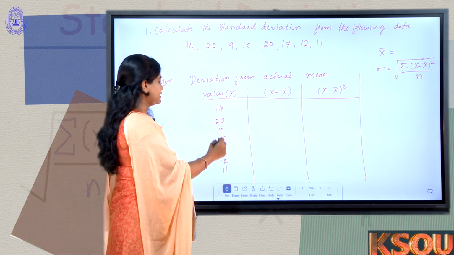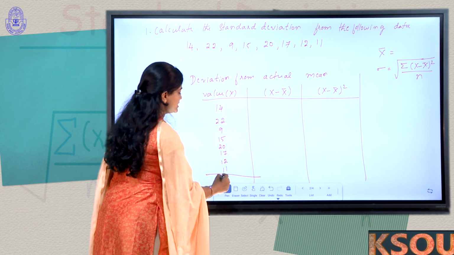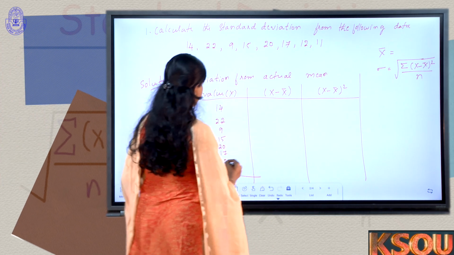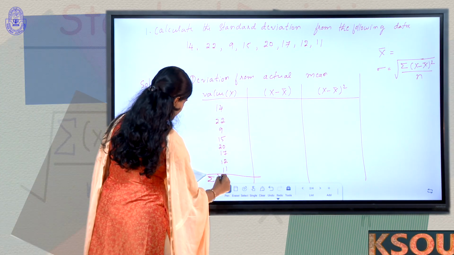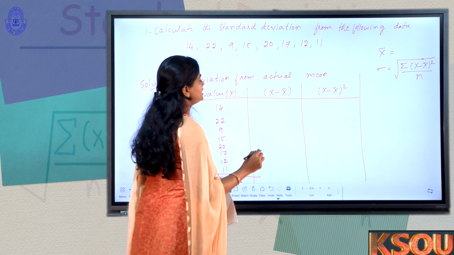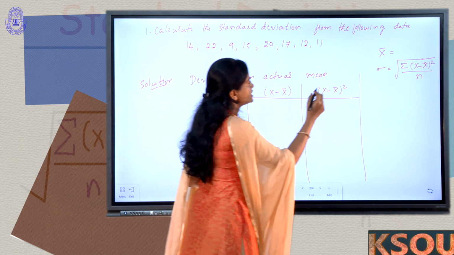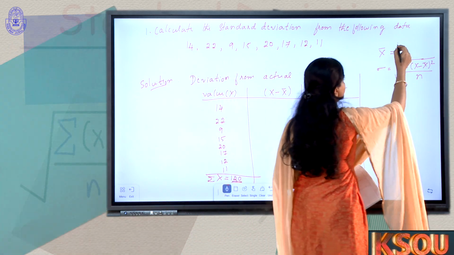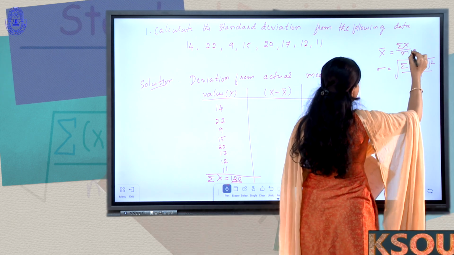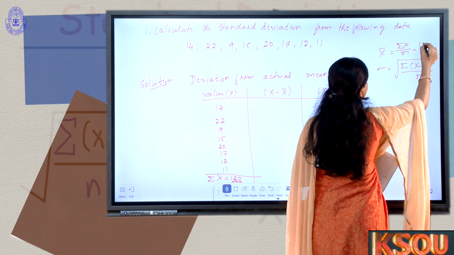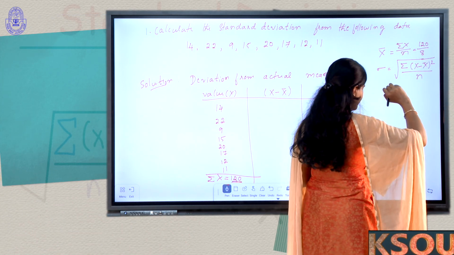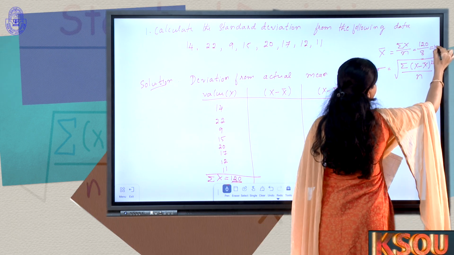Now, we will have to take the summation of x here, that is 120. Now we will have to calculate x bar by using the formula summation x by n, where summation x is 120 and we have 8 variables, hence n is 8, which gives 15.